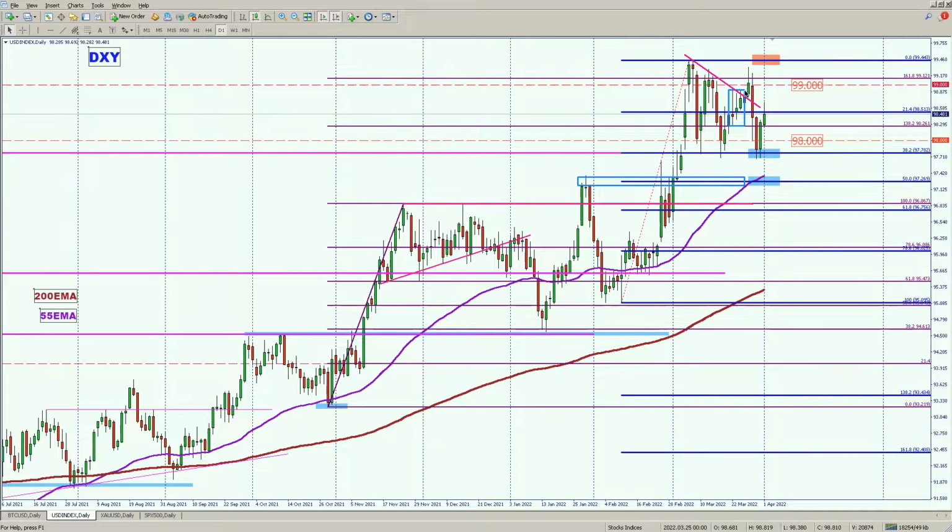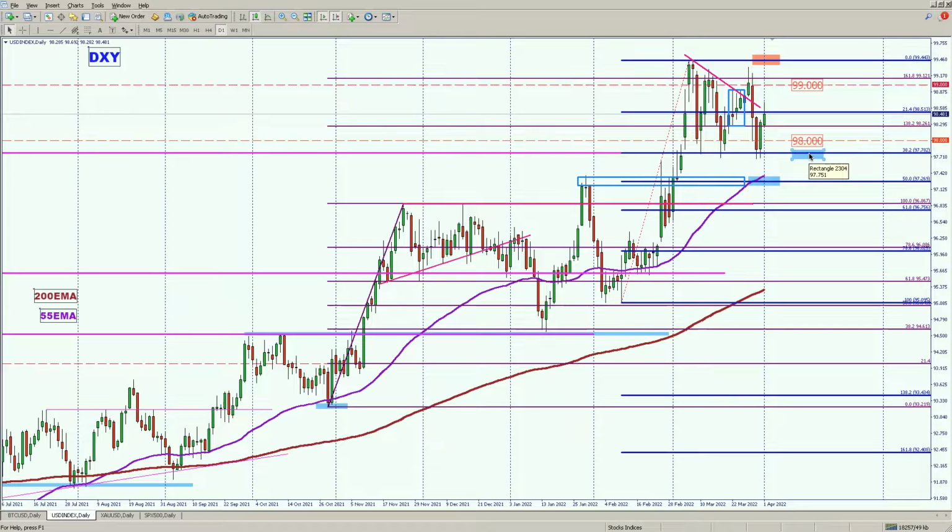And after spiking through this, attempting to climb up higher, it dropped significantly on Tuesday and Wednesday right into the support zone, right to this 38 fib retracement of this swing move, and managed to find support and bounce back up to the 21 fib retracement. So it's managed to find support at this level here.